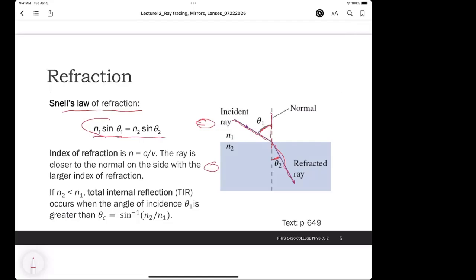We can use this equation to calculate the index of refraction. The index of refraction is n equals c divided by v, where c is the speed of light in vacuum. We know that it is 3 times 10 to the 8 meters per second.